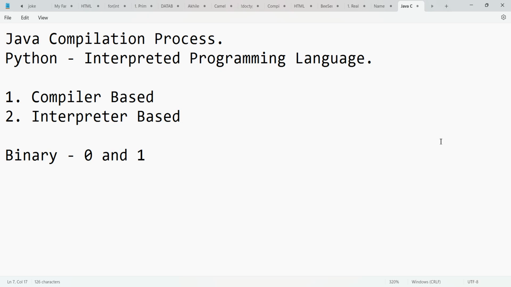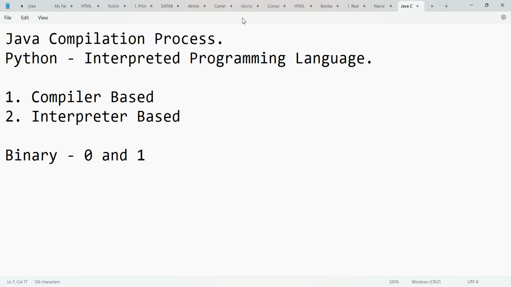Even the lecture that I am giving you right now is taken by the sound card of my laptop, converted to 0 and 1, transmitted from my network to your separate networks, taken by your laptop, converted to an analog signal, and from your speaker you can hear what I am speaking right now. Okay, so ultimately a computer understands 0 and 1.